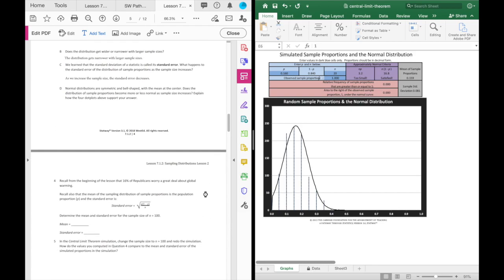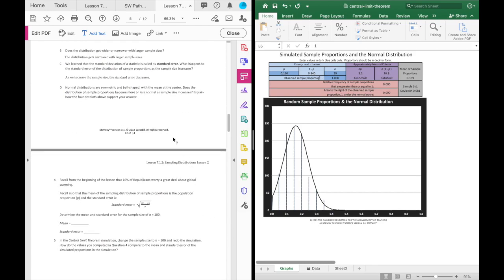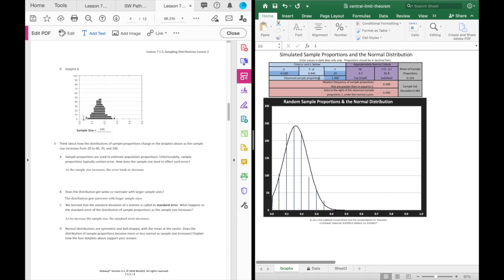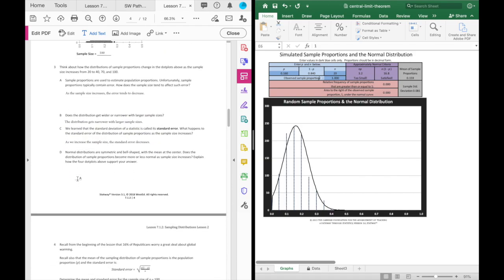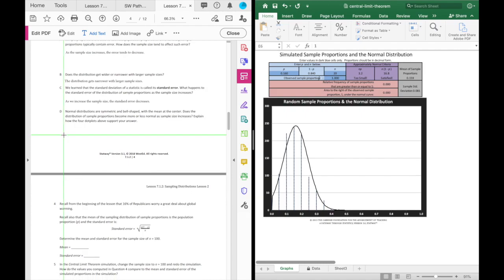So what does that mean? This means that as the sample size increases, the distribution of sample proportions becomes more normal.